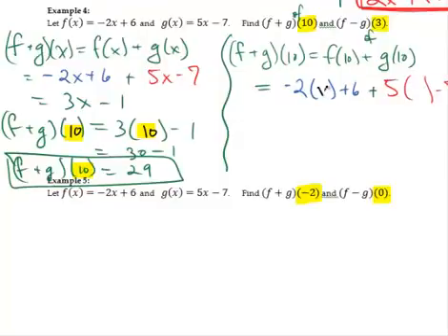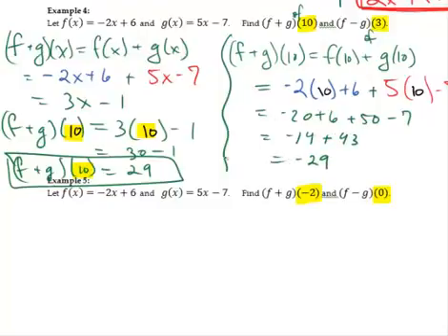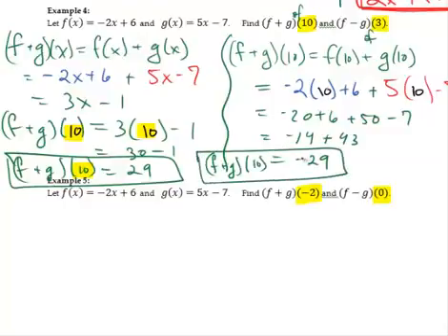You can plug in this 10 right away, right here. And if we do that, we get -20 plus 6 plus 50 minus 7, -14 plus 43, which is 29. So we still get f plus g of 10 equals 29. Whoops, that is a positive 29.